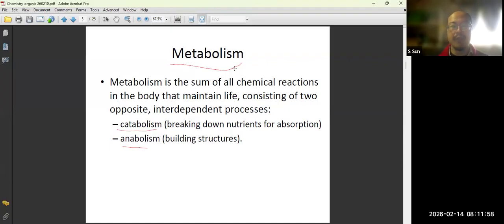You need to have healthy guts, otherwise what you eat may not be absorbed well. And your body needs to have the capability to put things together, otherwise, even though you absorb them, you don't build your body accurately. That's not good either. So metabolism is important, like a cycle: breaking down, building, breaking down, building.